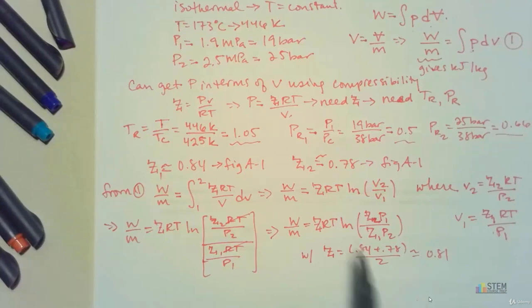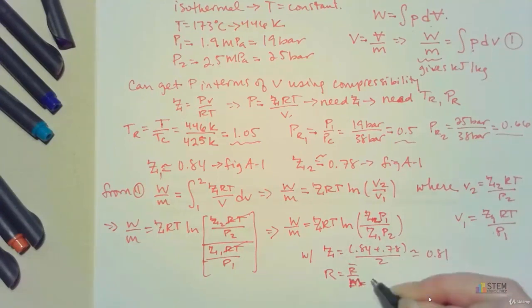Okay. Last thing we need is R. R you can find pretty easily. So remember, R is R bar over molecular weight. This is a capital M here. And R bar, that is a constant. It's 8.314. Molecular weight for butane is going to be 58.12.